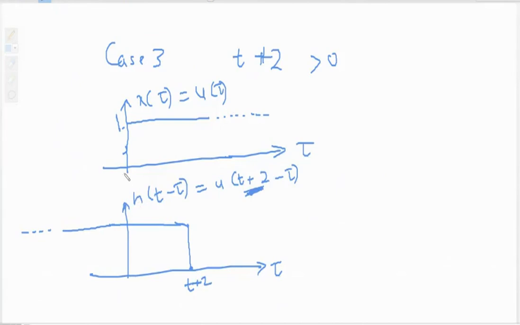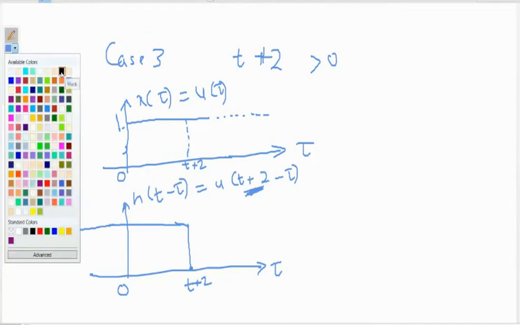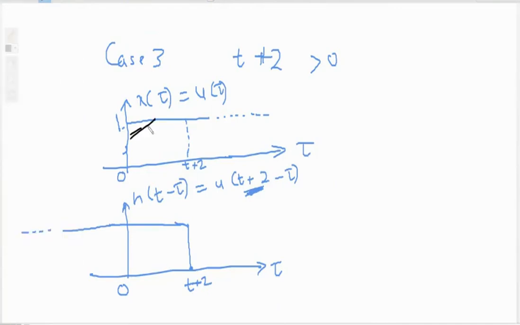This is 0. Again, there is overlap between these two signals.